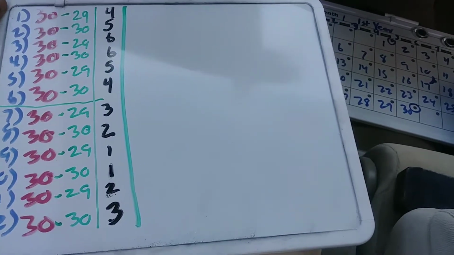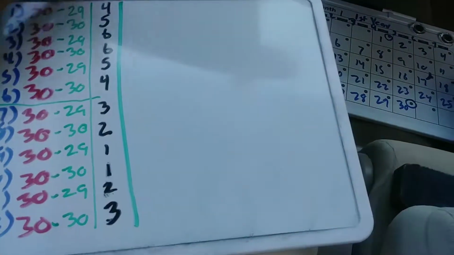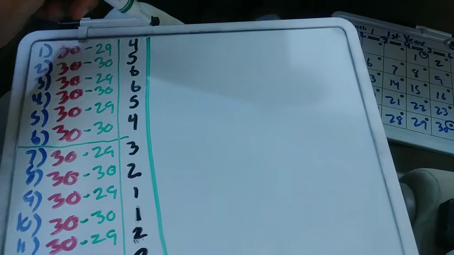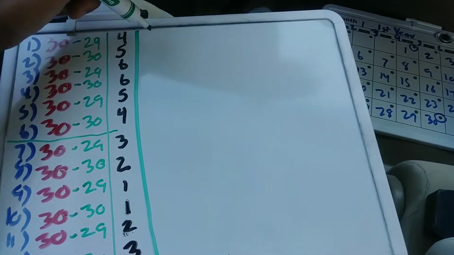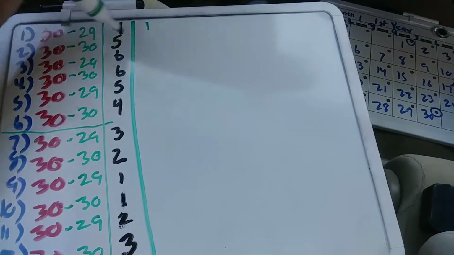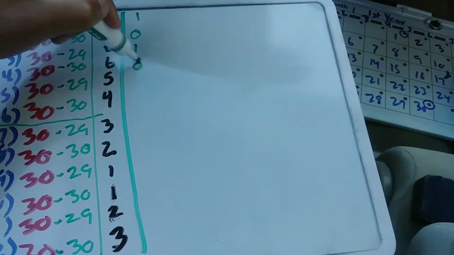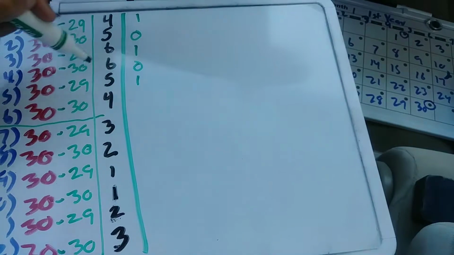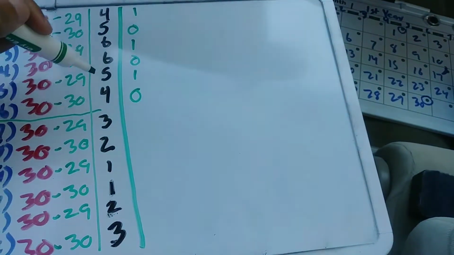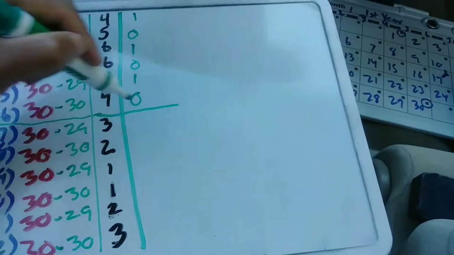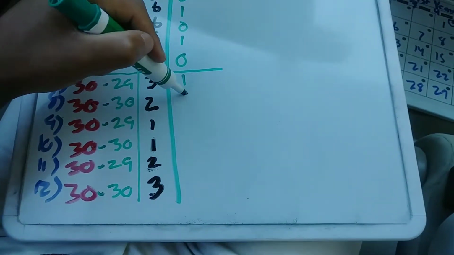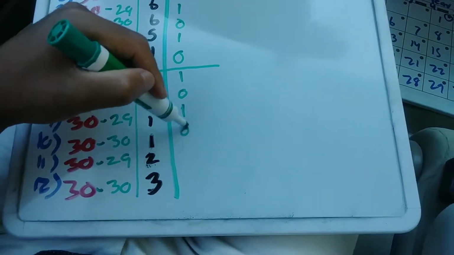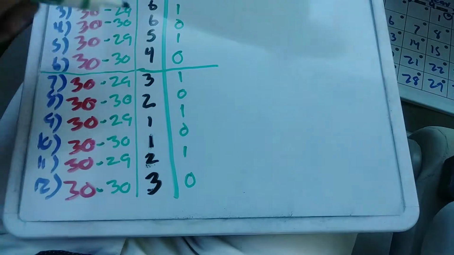Okay? So 30 minus 29 gives us 1. This would be 0, here is 1, this is 0, this is 1, this is 0. 1, 0, 1, 0, 1, 0.